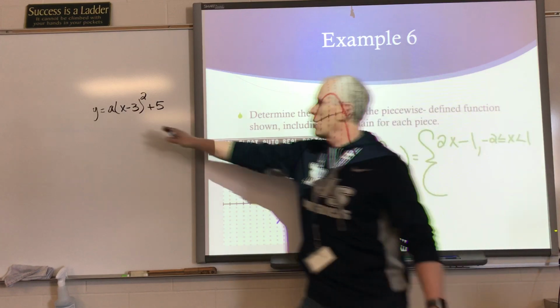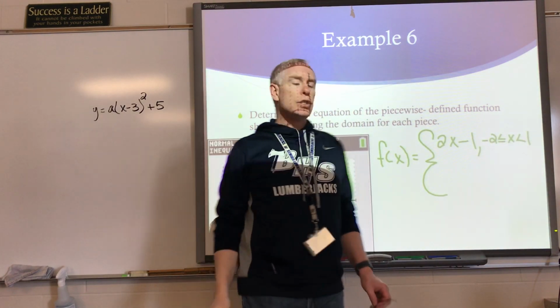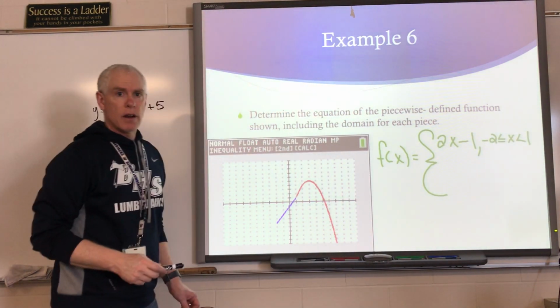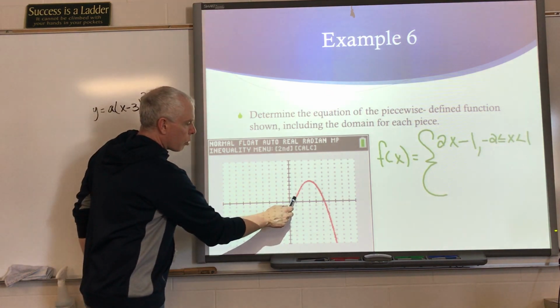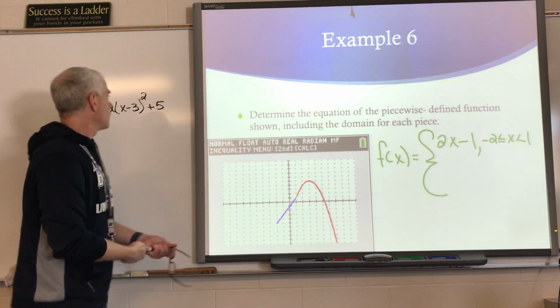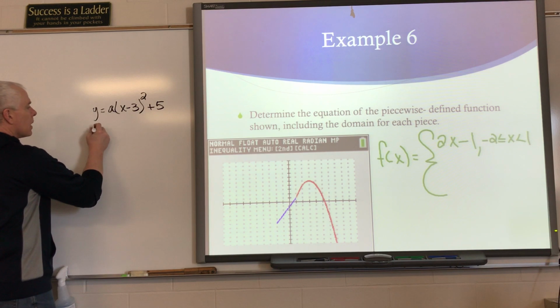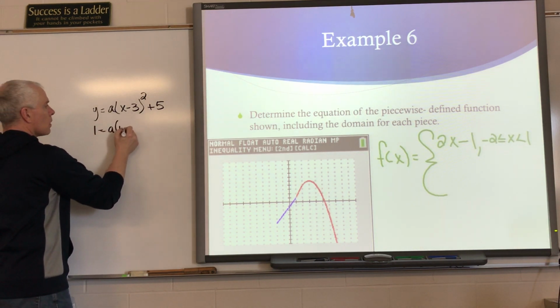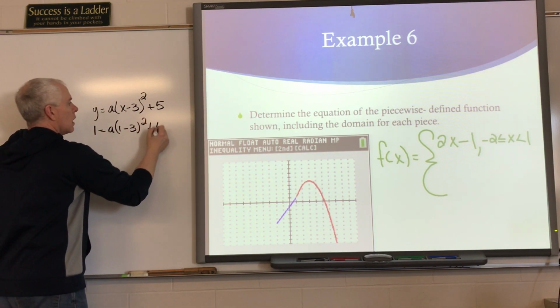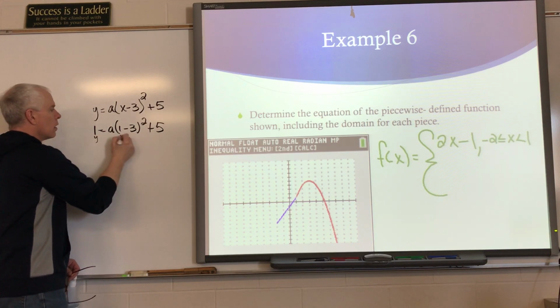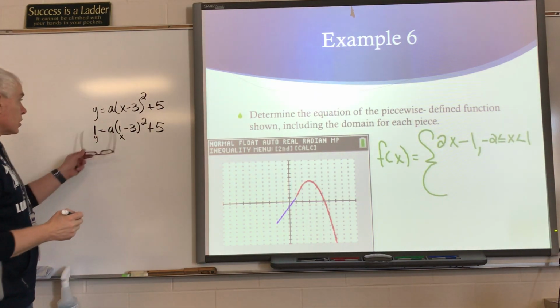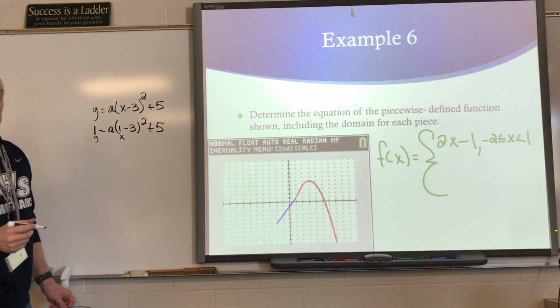So I gotta calculate what that A is. And I can do that by picking a point that's on there and then solving. So that point 1, 1 is on that graph. So I'm gonna put a 1 in for y. And I'm gonna put a 1 in for x. And I'm gonna just solve for A at this point, you guys, and see what we get.